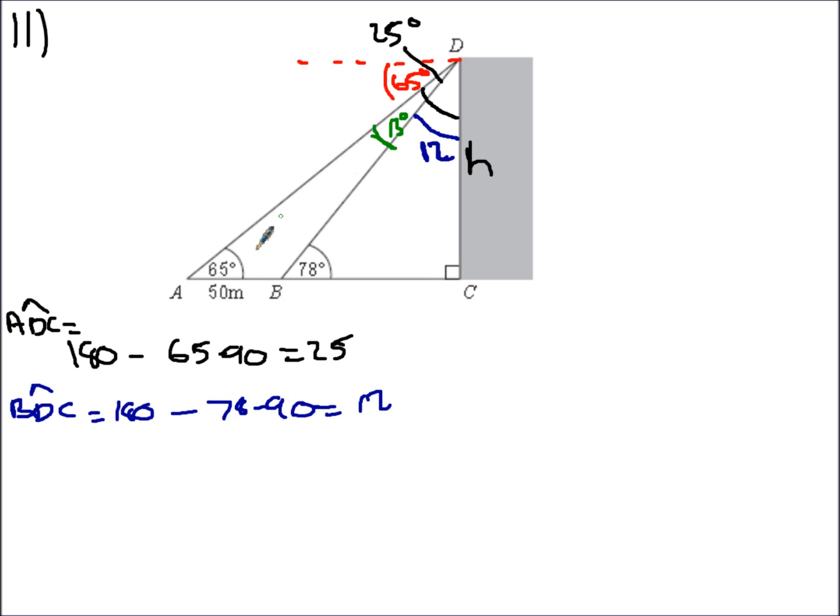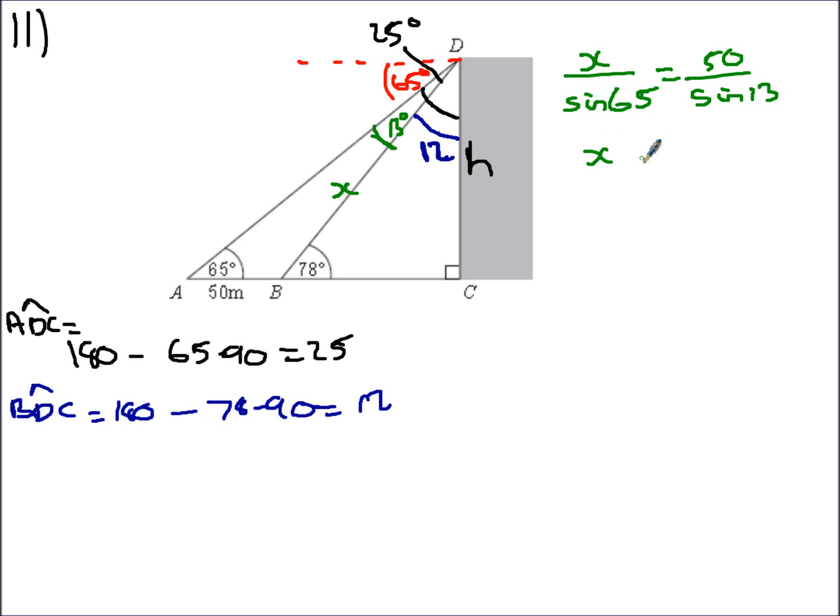In this triangle here, I've got an angle and I've got the opposite side. If I could work out this side first, I can, because I've got this angle here. So I'm going to use the sine rule. x over the sine of the opposite angle, which is 65, is equal to 50 over sine 13.